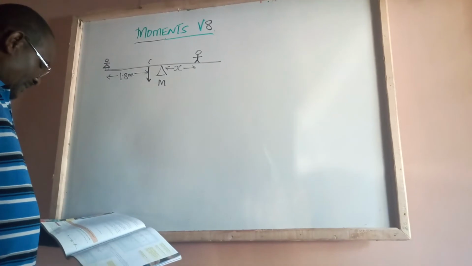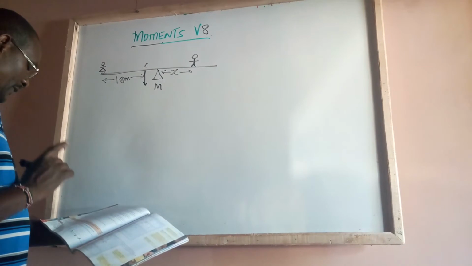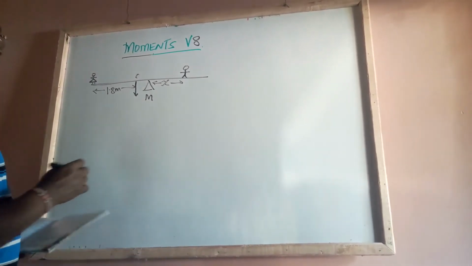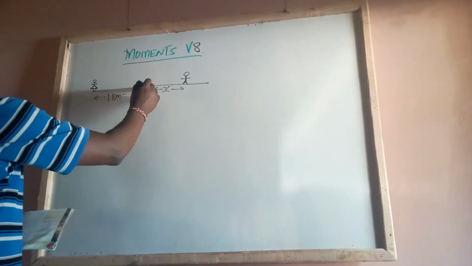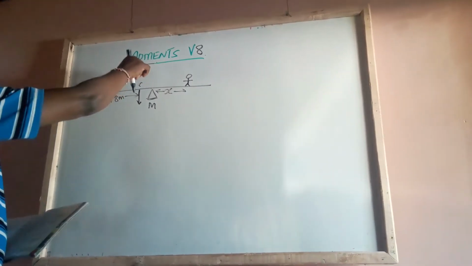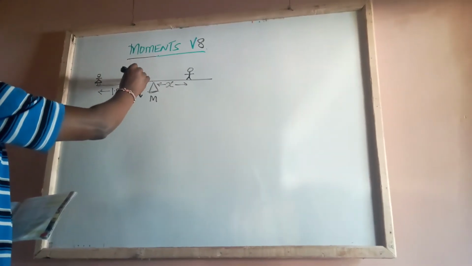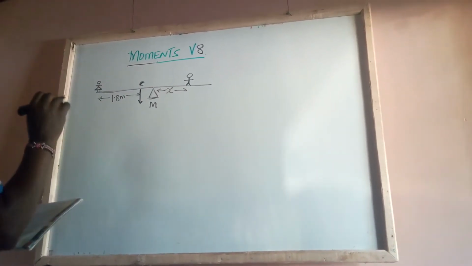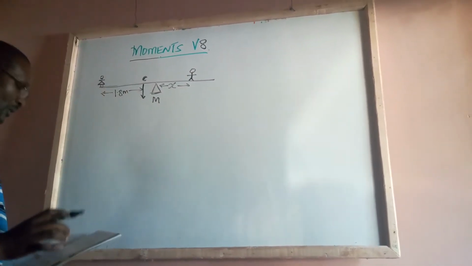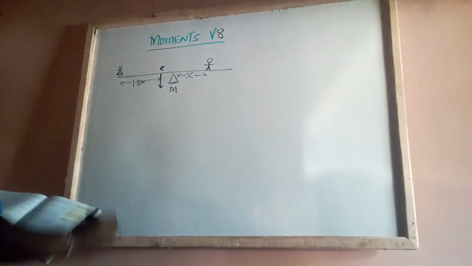The plank is pivoted at M, and M happens to be the midpoint of AB, and the center of mass of AB is at C. You can see the plank is pivoted at point M, and the center of mass is at C. You can already clearly see that the mass of this rod does not necessarily act at the midpoint. It is acting at point C, the center of mass, where AC is 1.8 meters.